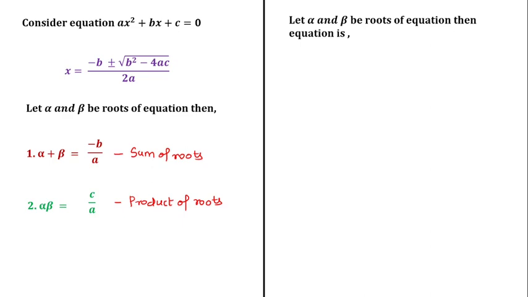So the quadratic equation can be written as x minus alpha into x minus beta is 0. This is one way to write the equation if roots of the equation are given. Or this equation can be written as x square minus alpha plus beta into x plus alpha beta is equal to 0.